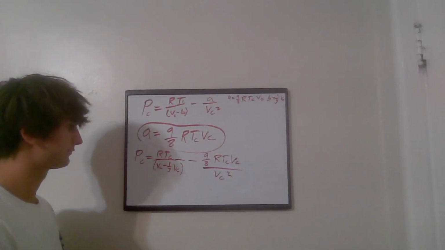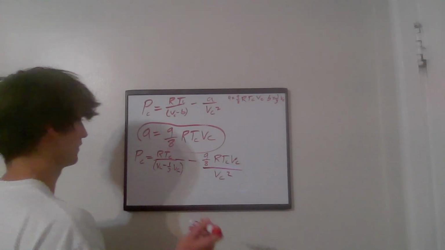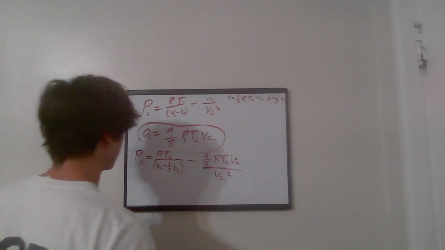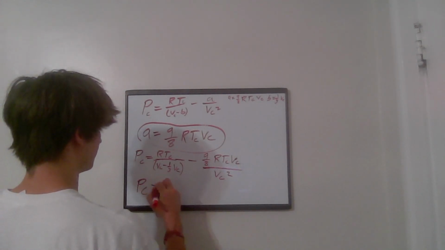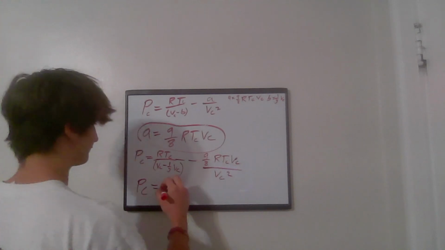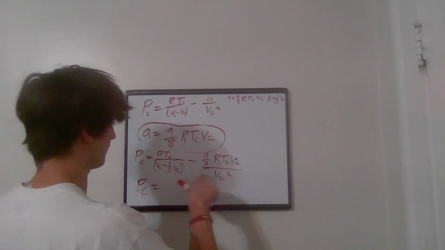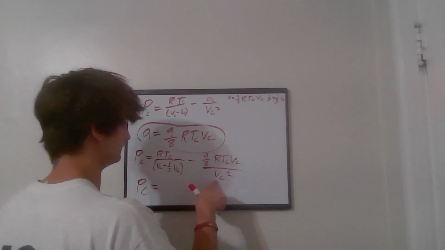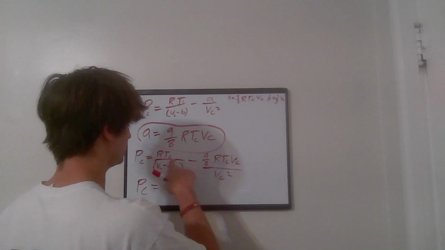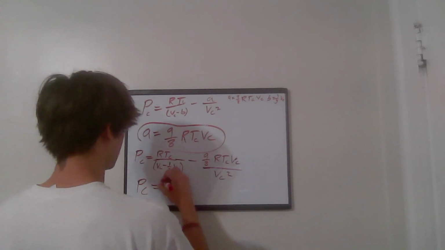Now that we've inputted our A and B, we can start simplifying this equation. So our PC is going to be equal to, it looks like we can factor out this RTC over VC that's in here.